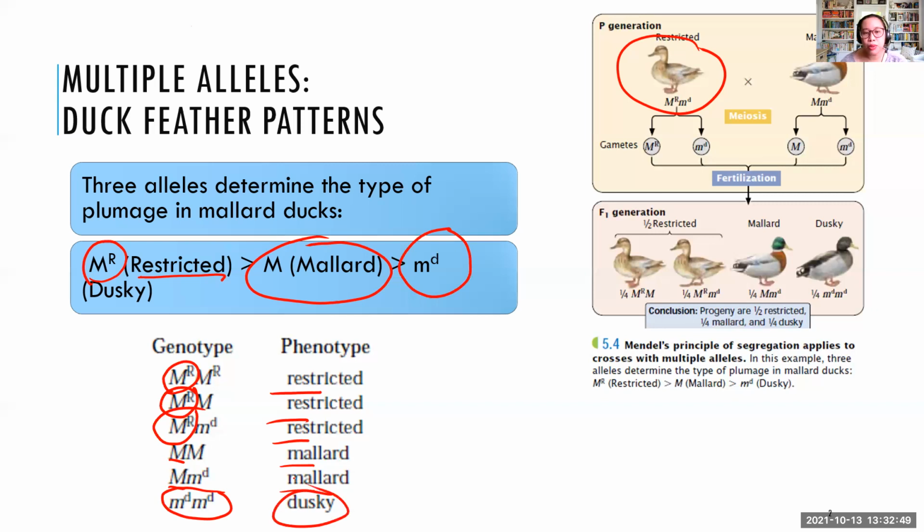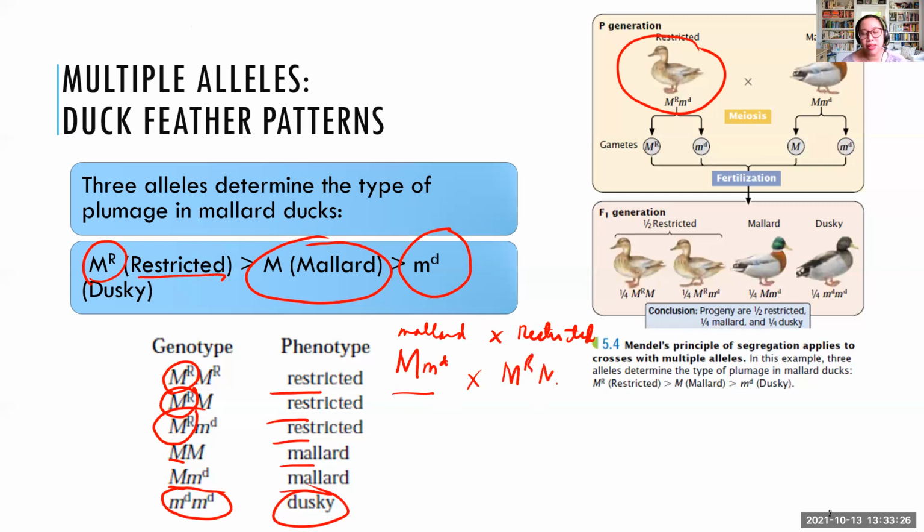So for example, you cross a mallard duck with a dusky parent with a restricted duck who had a mallard parent. So the mallard is automatically uppercase M. But this mallard duck had a dusky parent, so heterozygous. And then you have a restricted duck who had a mallard parent.